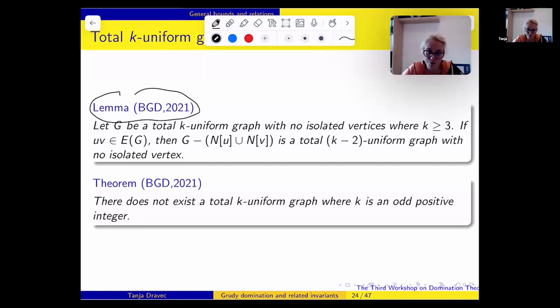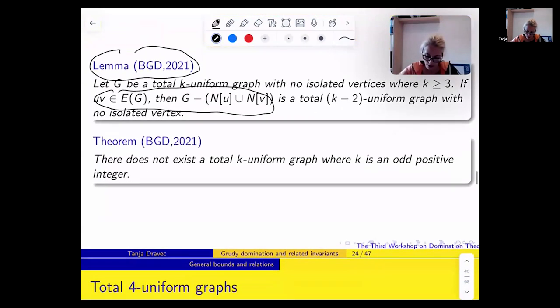So if we had a total K-uniform graph for some large odd K, we could use this operation many times, and finally we would get a graph which is total 3-uniform, and we know that such a graph does not exist.